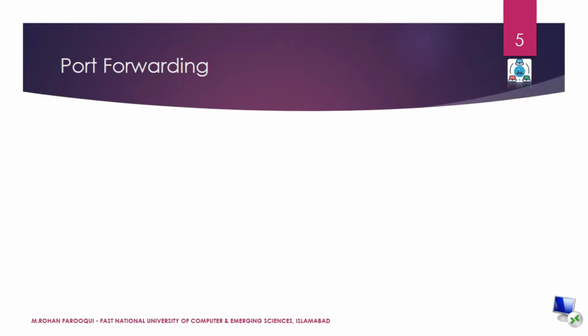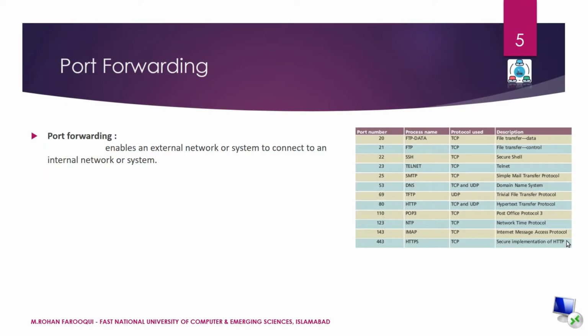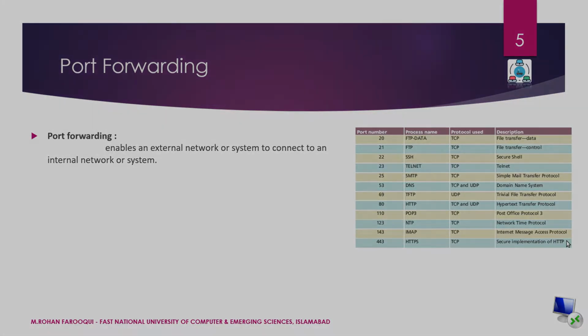So what is port forwarding? Port forwarding enables an external network to connect with an internal network. Sometimes it is known as port mapping. So this is the concept of port forwarding. Here is the chart of well-known ports, for example we use port 80 for HTTP and port 21 for FTP.